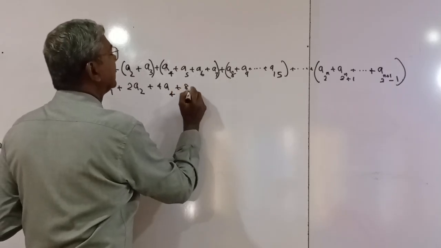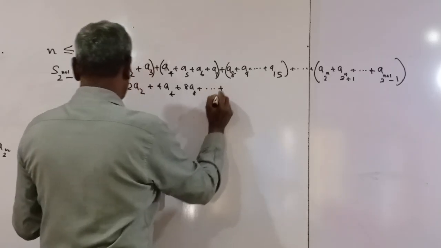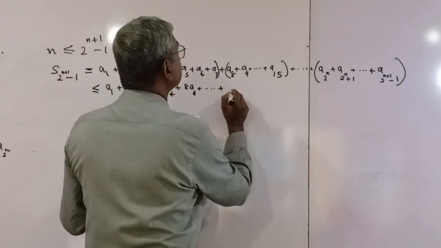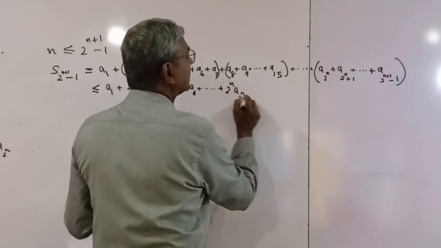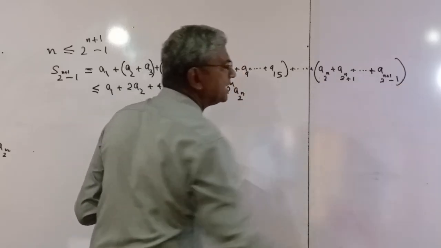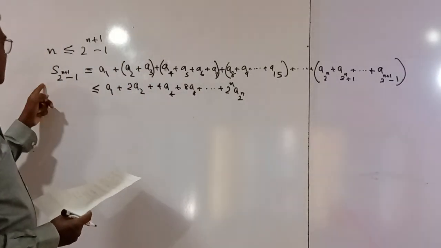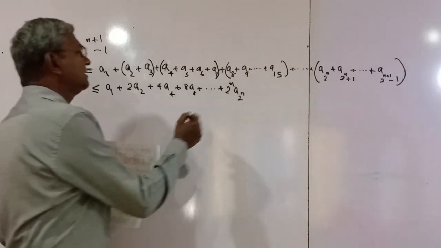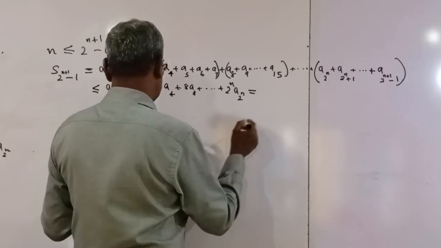Next one is 8A8. Last one is 2^n A_{2^n}, because from here to here there are 2^n terms. So S_{2^(n+1)-1} is less than or equal to this thing. This is not the proof, but the idea of the proof.